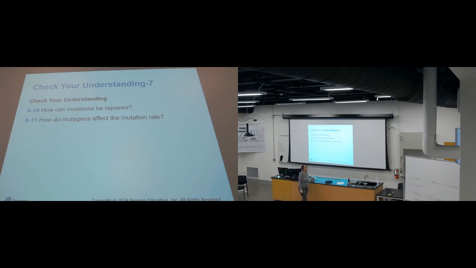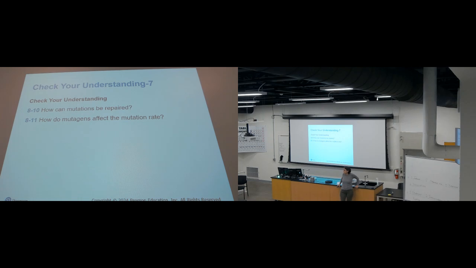Okay, so check your understanding. How can mutations be repaired? By nucleotide excision repair, and enzymes that come in and cut out the section that is wrong and replace it with normal DNA.